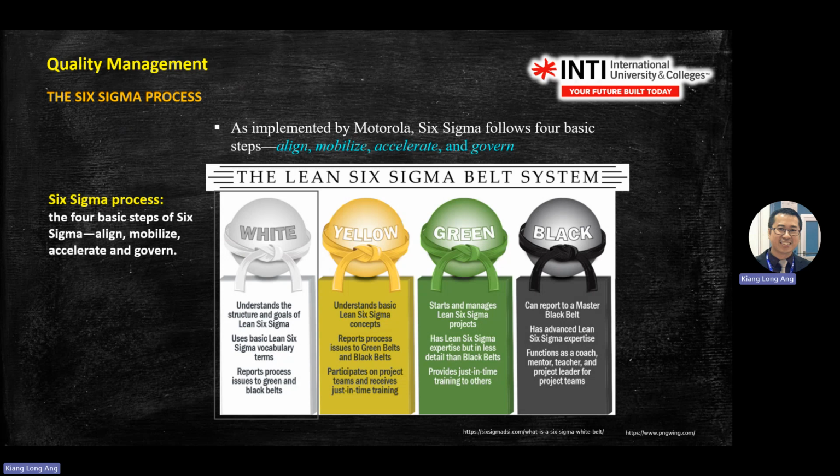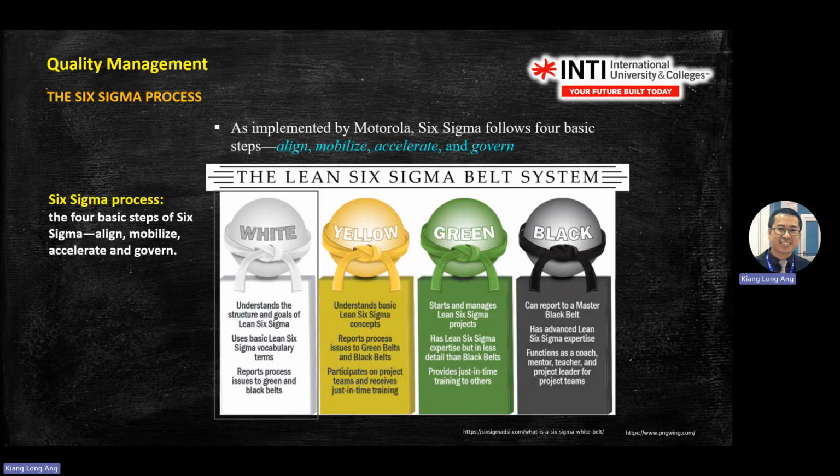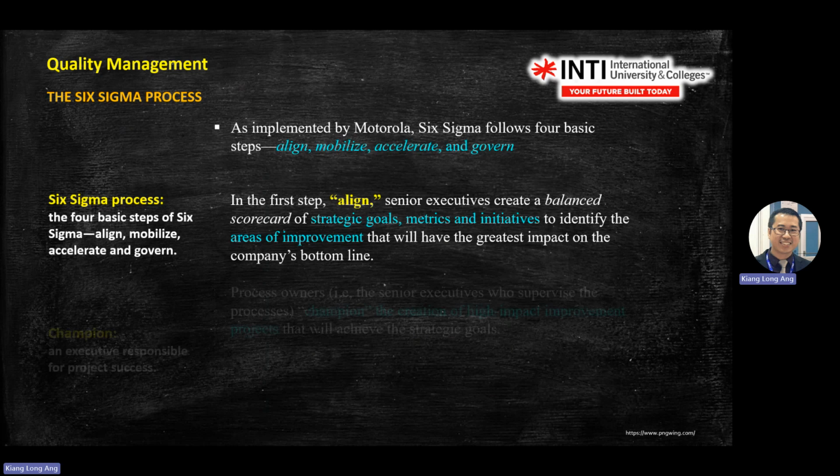So this Six Sigma certification system goes from white to black belt, from the workers until the leader. This one you read. You have white, yellow, green, and black belt.